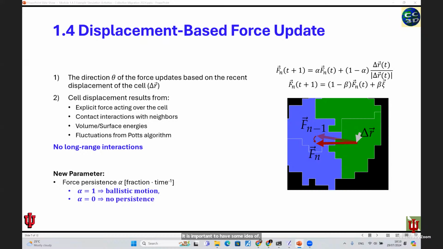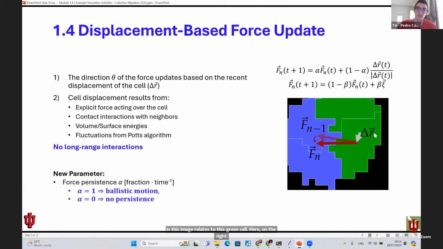I'm sorry, the Fn minus 1 and Fn, what does this mean? It means that the blue, for example, Fn means the force between these two blue cells? No, good question. I now recognize that maybe this figure is misleading. Everything in this image relates to this green cell here on the right.